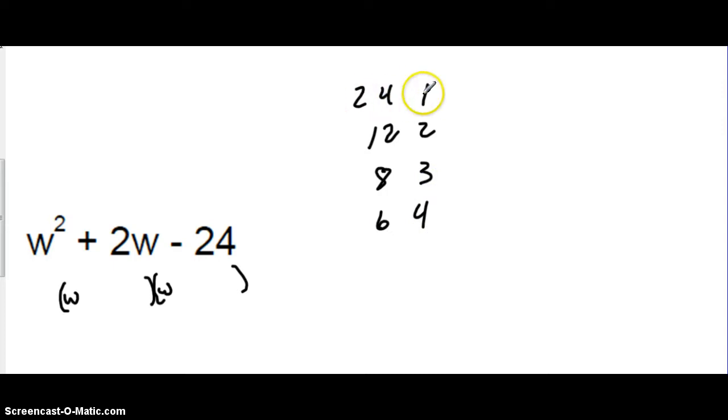These will get you to 25 or 23, 14 or 10, 11 or 5. This will get you to 10 or 2. So let's go ahead and use 6 and 4. And for them to add up to positive 2, 6 has to be positive, and then 4 has to be negative. And remember, a positive times a negative is going to equal this negative, which we need. This is completely factored.